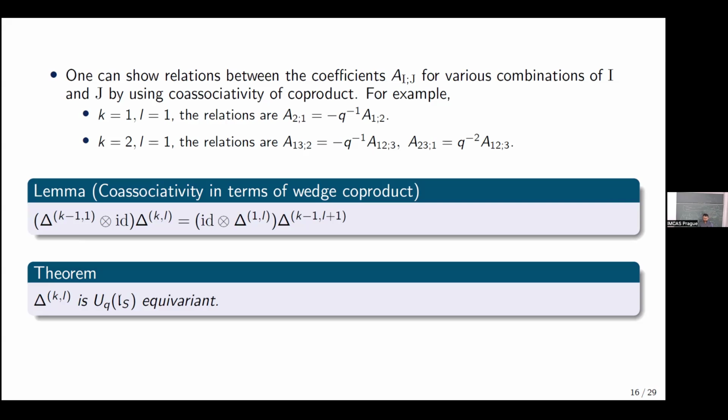So for example, if you take the case when k is 1 and L is also 1, you are basically talking about the level of degree 2. So what you are doing is, you are in two forms, for k equal to 1, L equal to 1.